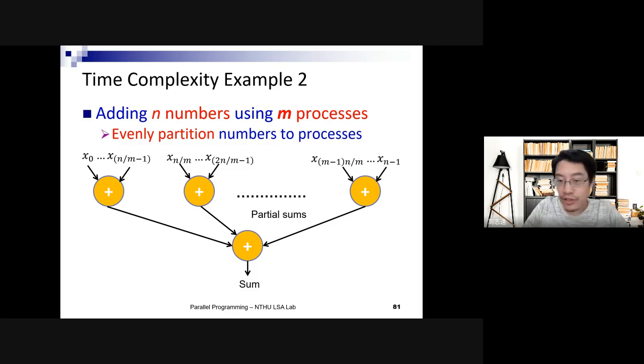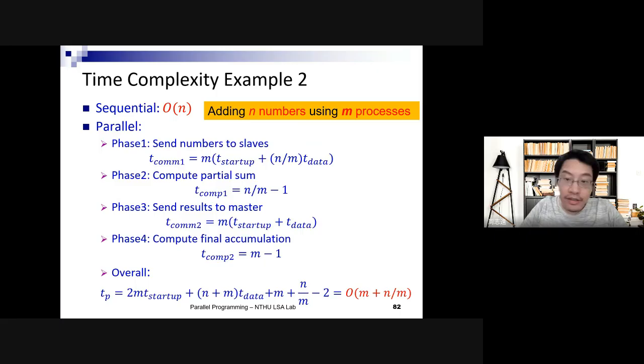After steps 1 and 2, each processor sends its partial sum back to processor 1 to do the sum of all the partial sums. We can do it in parallel with m processes. The analysis is the same, so we won't repeat it.